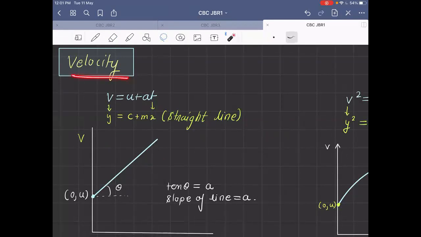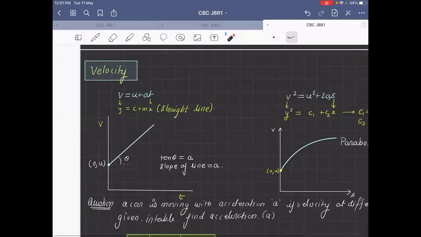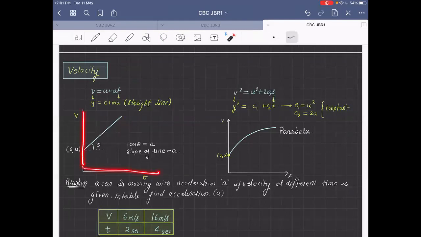We had velocity, which is v equals u plus at, which can be written as y equals c plus mx. Why am I even writing this? Because we have to make a graph here. And why do we need to make a graph here? Because we need to remember that the v versus t here will be a straight line. Do you know y equals mx really gives a straight line?